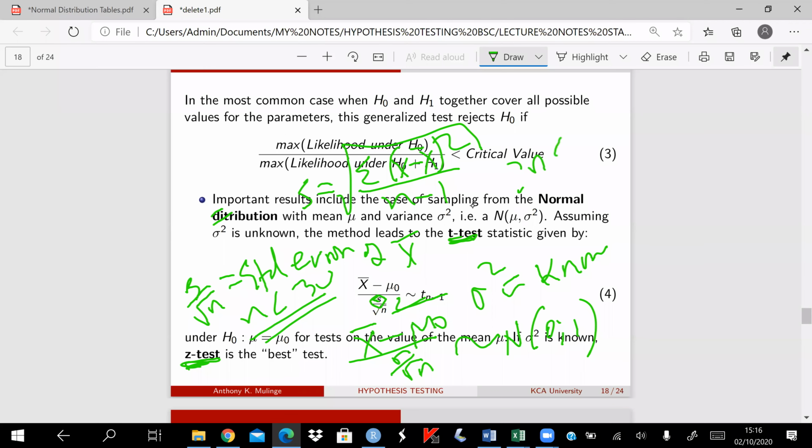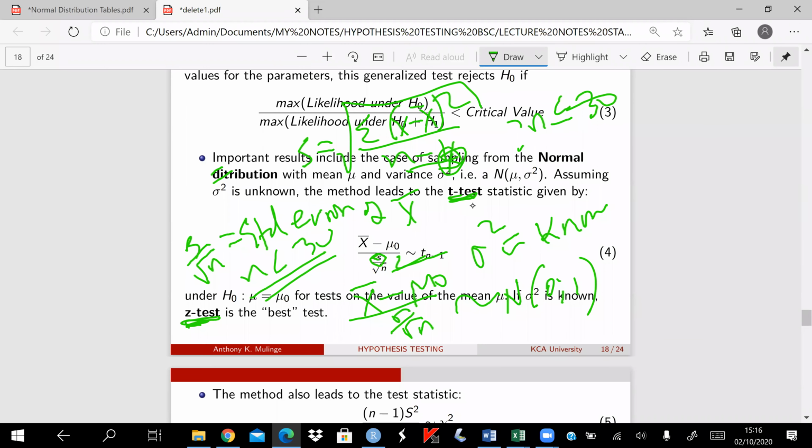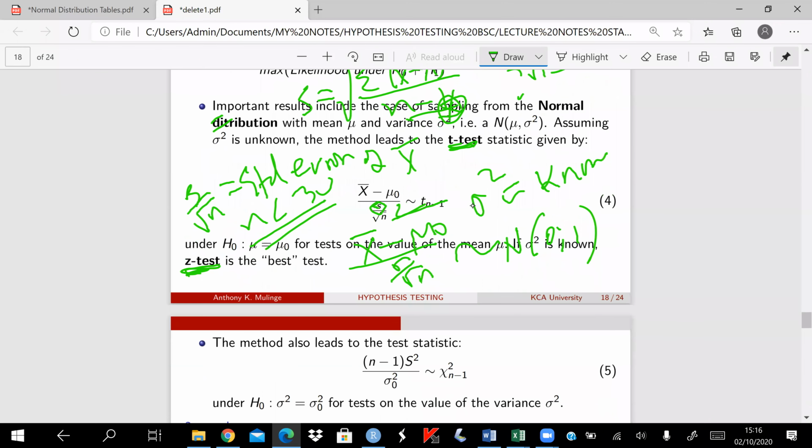But if n is larger than 30, then you don't need to subtract 1 there. You can just divide by n. That's something you need to note somewhere, but we are not going into those details.